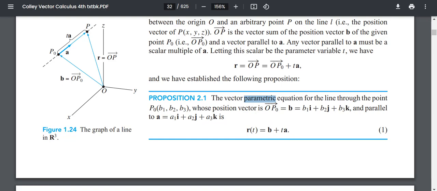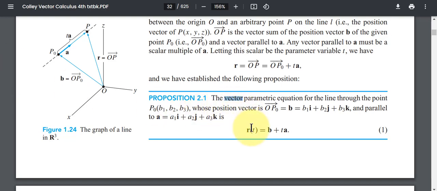It's kind of just like a variable, but used in a specialized way, at least here. We can be a little more clear and call it a vector parametric equation, because it is a vector equation and it has a parameter in it.